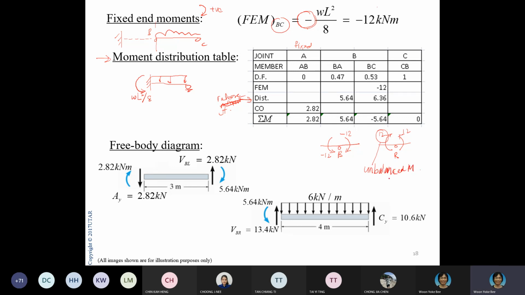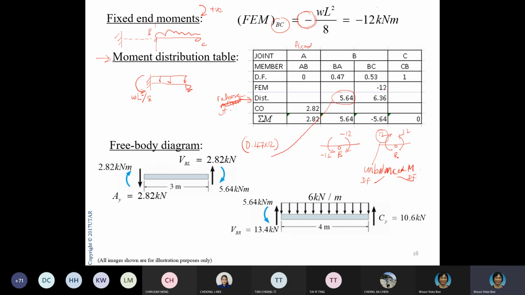And this unbalanced moment, you need to distribute to the members here. Use your distribution factor to get this. So this one is actually 0.47 multiplied by 12. Now, why do we not have a negative? Because I told you, you will have an equal and opposite moment.